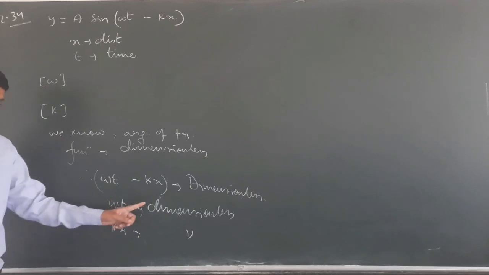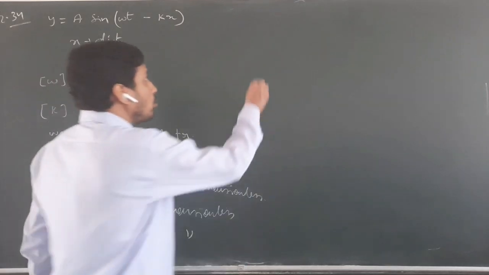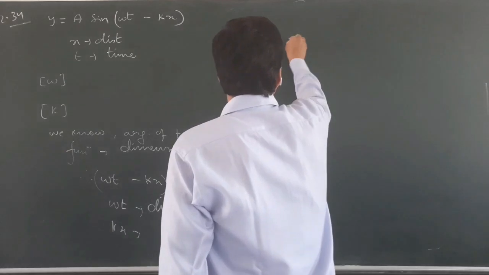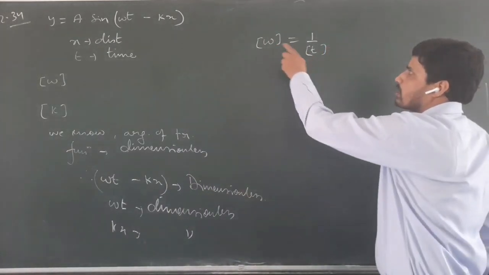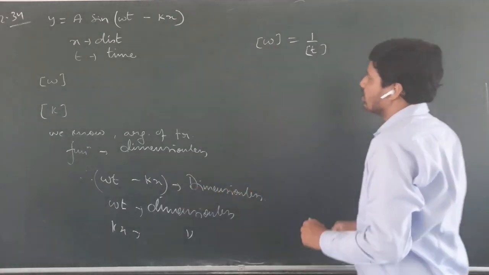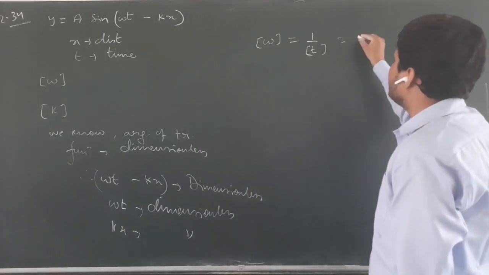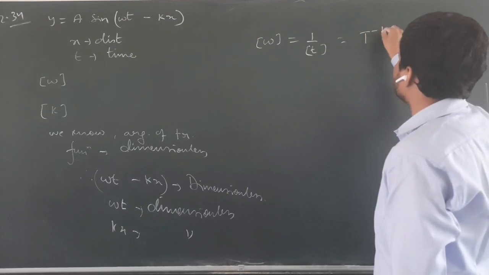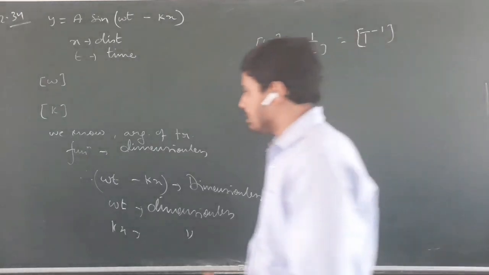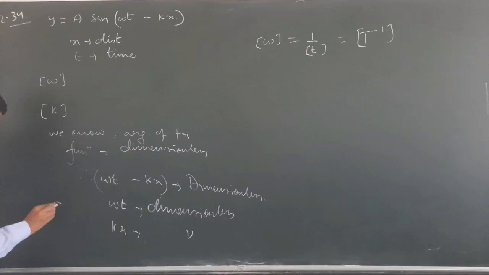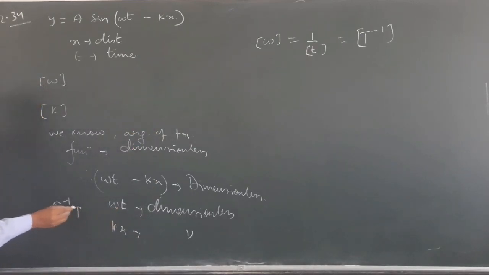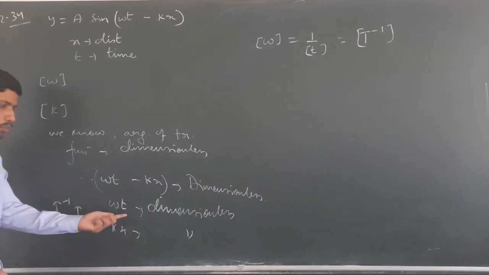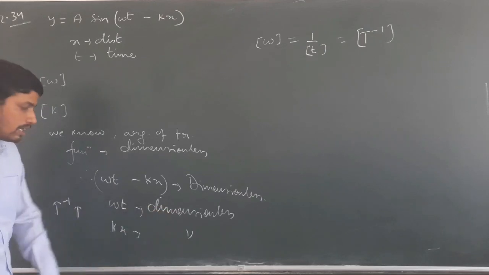If omega t is dimensionless, that means omega's dimension must be the inverse of the dimension of time. Then only this product will have zero dimensions. What is the dimension of time? T. So reciprocal, T to the power minus 1. Then only they will cancel: plus 1 and minus 1 becomes 0 and the quantity becomes dimensionless.